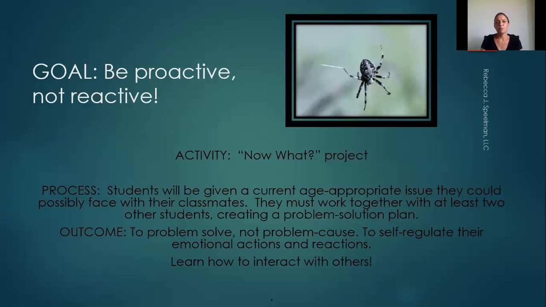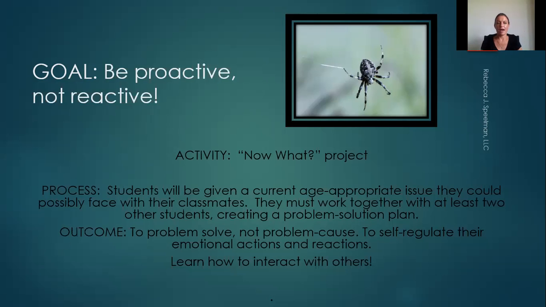Fourth goal, be proactive, not reactive. And the activity that I have with this is "now what?" So the process is students will be given a current age-appropriate issue, something you know that is happening or probably will happen or might end up happening and you never thought it would happen in your classroom.